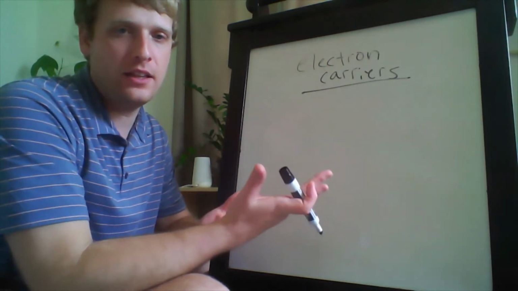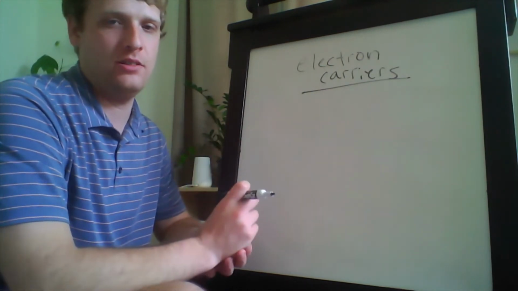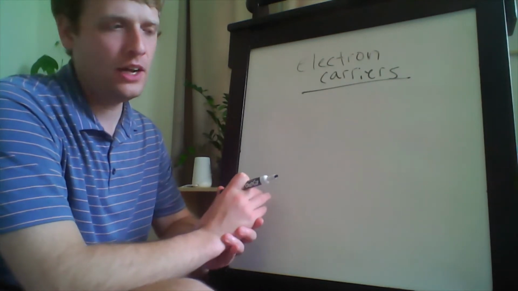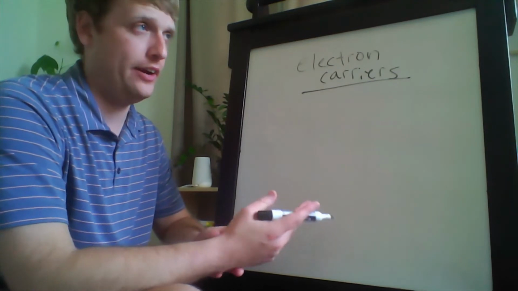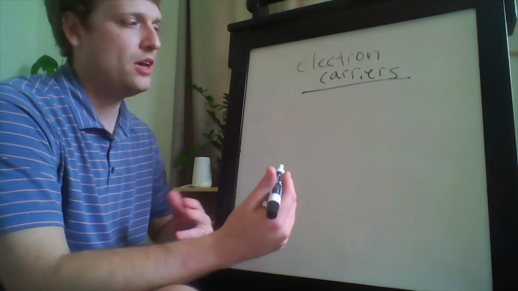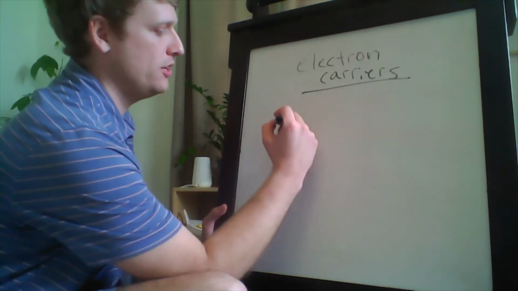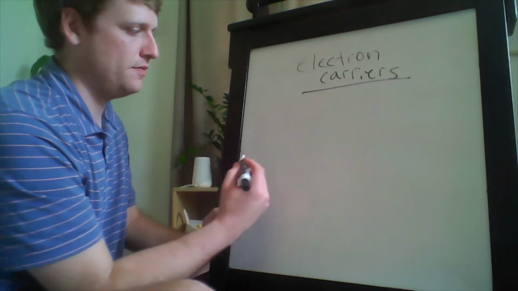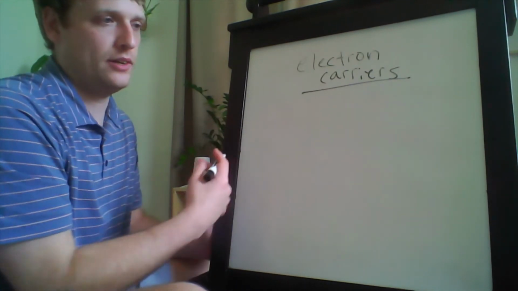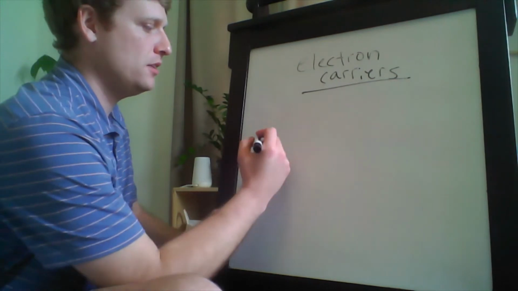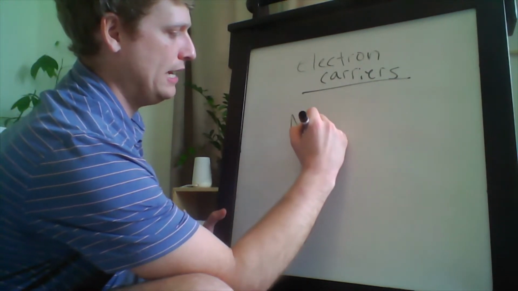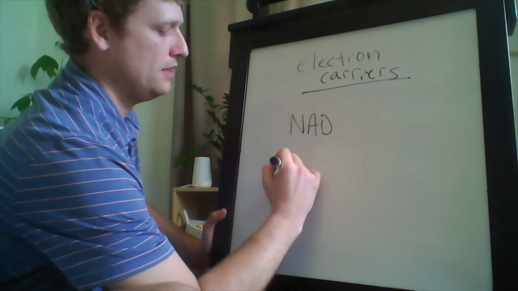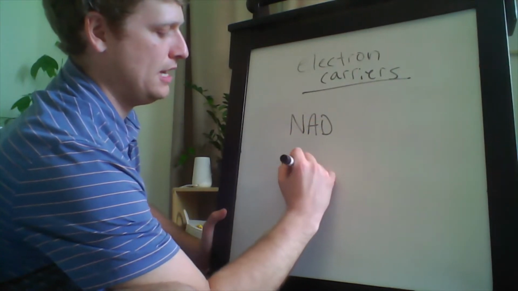And when they gain electrons, they carry those electrons. We'll see in just a few minutes where they're eventually carrying those electrons to. But these electron carriers, the two prime examples with regard to how we generate ATP, the two electron carriers that we're going to be talking about are called NAD and FAD.